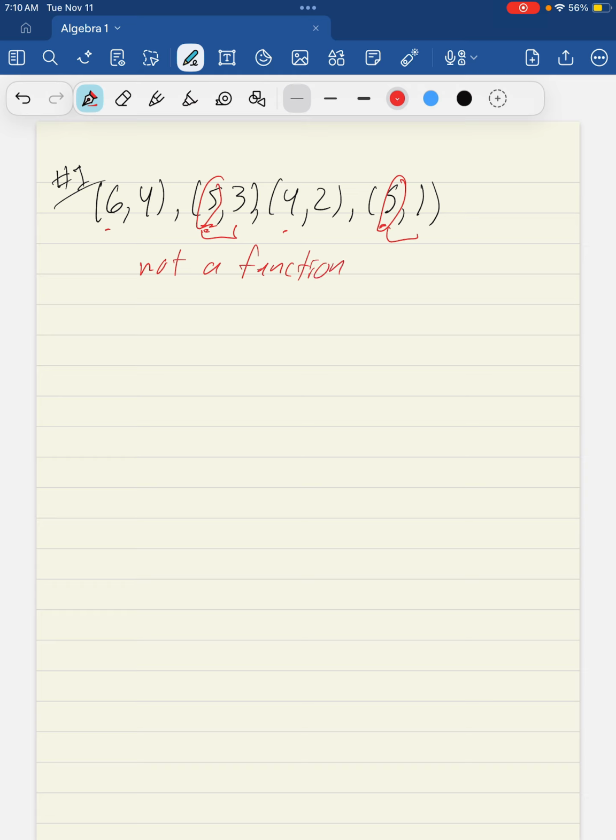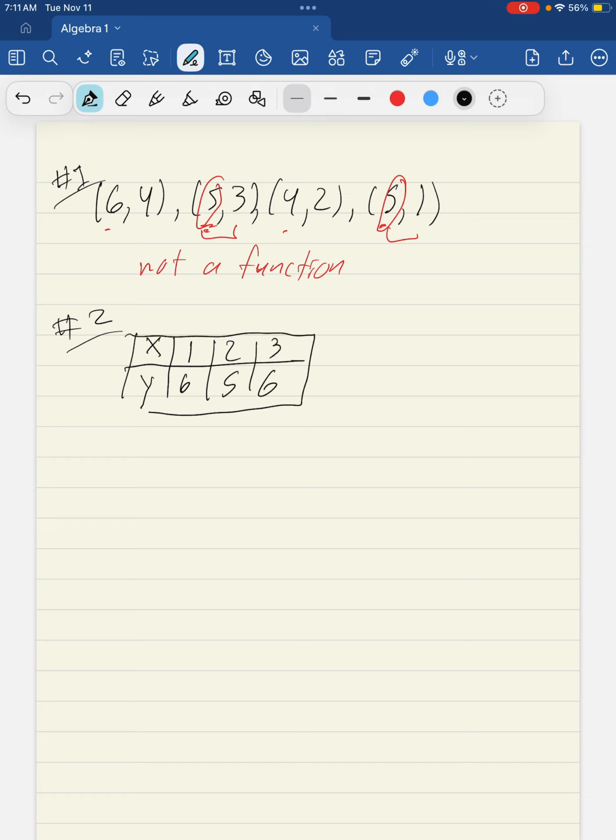Okay. Now, I want to show you one more thing that can throw people for a loop. We are going to use a table this time. How about that? Remember an XY table? It gives you the same information as coordinates, it just presents it differently. So we'll just say like 1, 6, 2, 5, 3, 6.